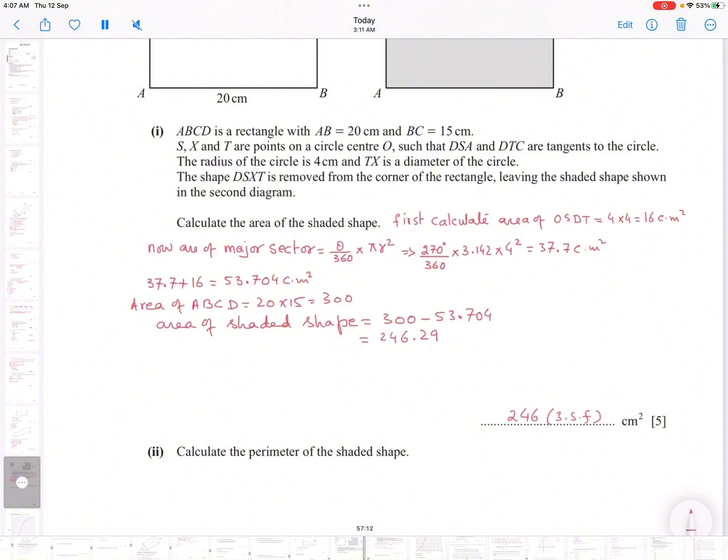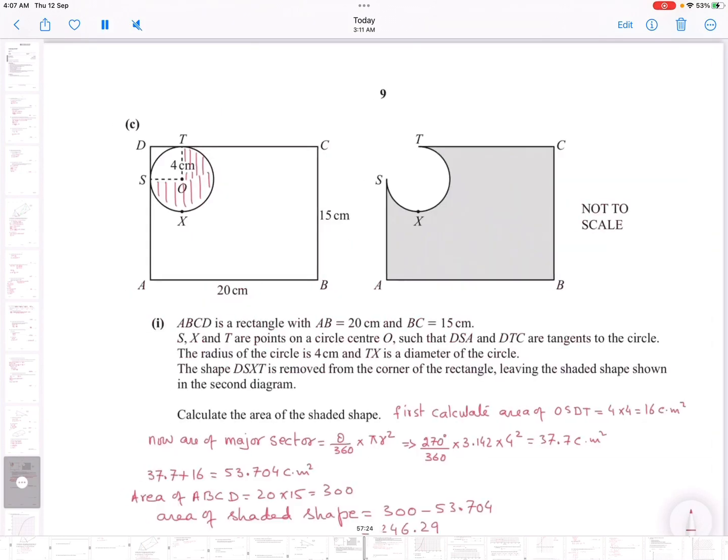Calculate the perimeter of the shaded shape. Okay, perimeter, so you have to calculate the arc length SXT, then DC, you add TC in it, then you add CB in it, then you add BA in it, then you add AS in it. So SXT, that arc length can be found out.